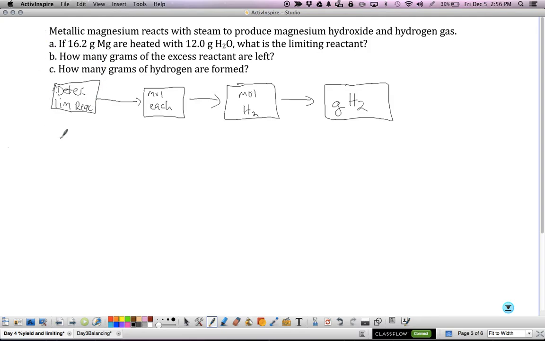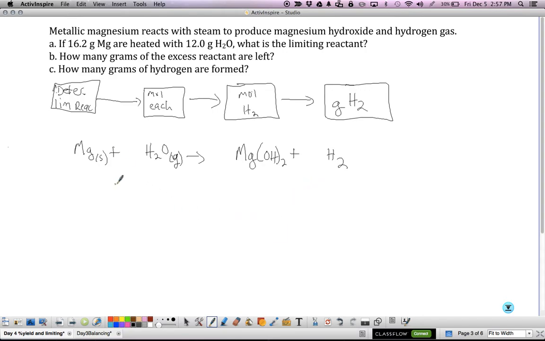So the first thing that we're going to need to do in order to do any of this is we need the balanced chemical equation. So metallic magnesium reacts with steam, okay, vapor or gas, yields magnesium hydroxide plus hydrogen gas.